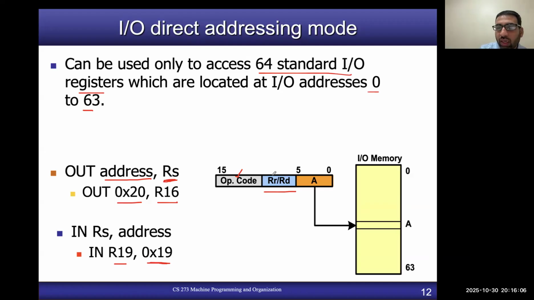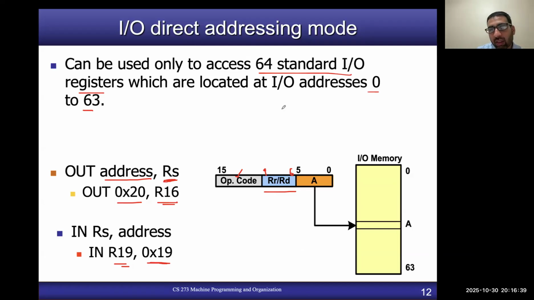If you are allowed to use registers 16 to 31, then 5 bits are used to specify your register, for example R19 or R16, and 6 bits will be used to specify the address of the IO register.